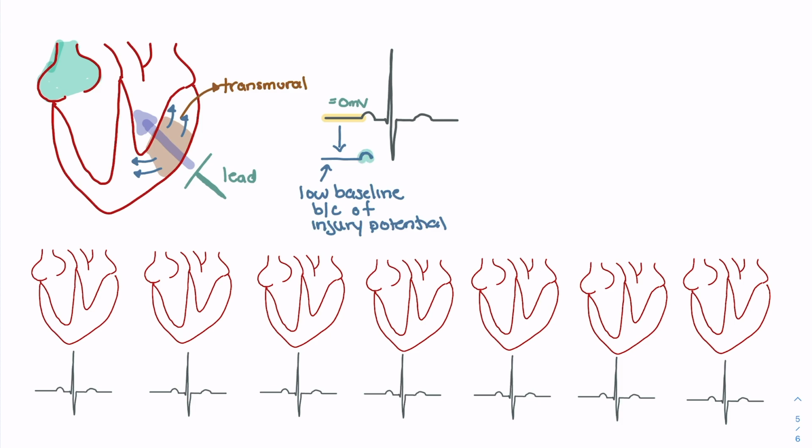What's interesting here is our PR interval will continue to be at this low baseline, because at that point in between atrial depolarization and ventricular depolarization, not a ton is happening, so we can see this injury potential moving away from the lead again. So our PR interval gets pulled down to this low baseline as well.